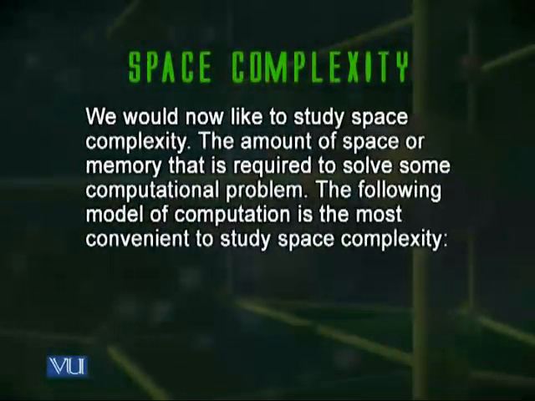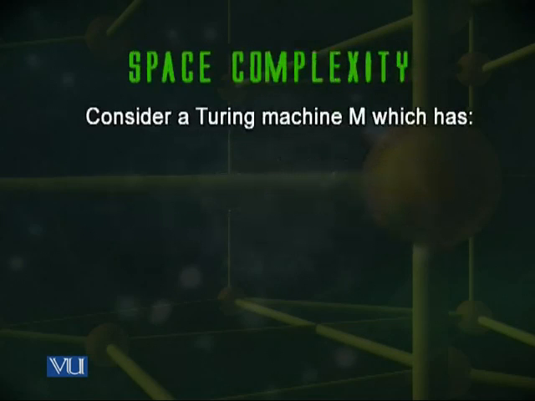Since we are studying space complexity, the amount of space or memory that is required to solve a computational problem, we will be using the following very convenient model. Let us consider a Turing machine M which has the following components.